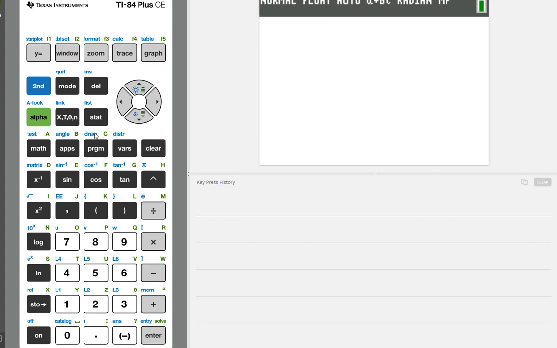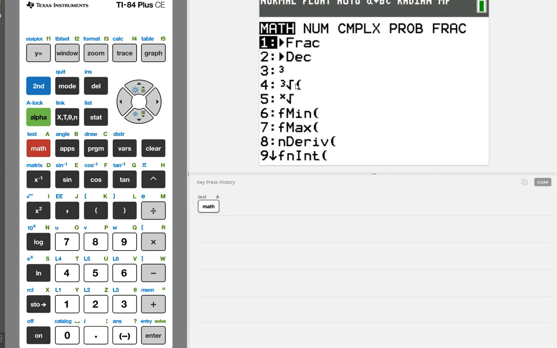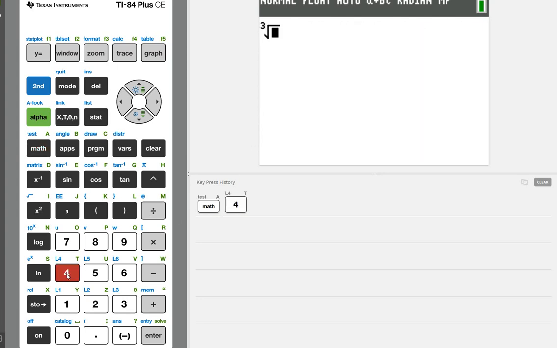So for the TI-84 and similar calculators, you're going to hit the math key. The 4th option down gives you roots like that. So I'll just type the number 4, or you can scroll down and press enter. Cube root of 8, and bam, 2.